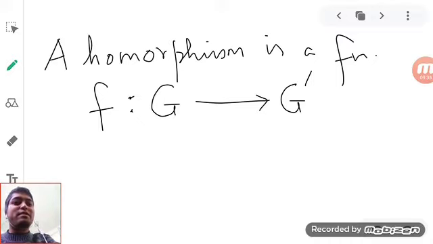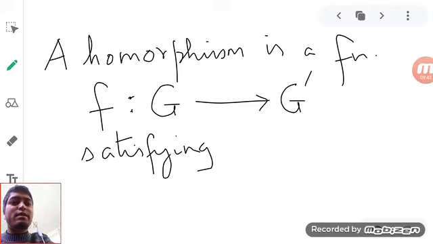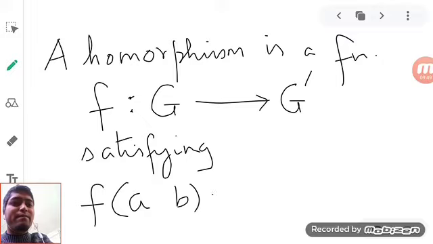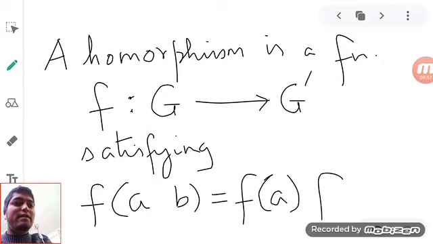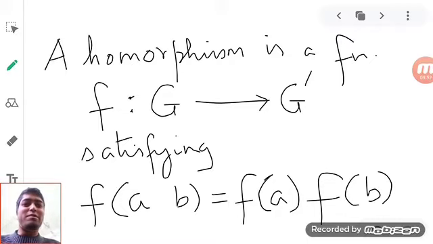It is a function f from G to G dash, satisfying f(a star b) equals f(a) o f(b).